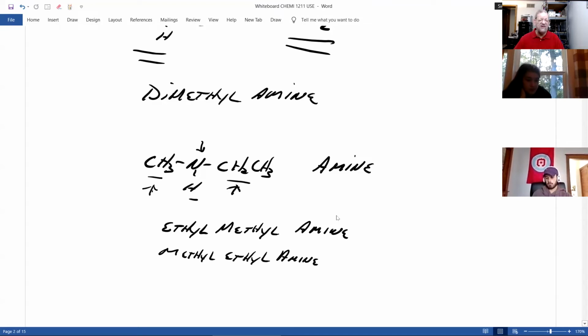Now, one of the things, since I'm asking you to be able to write the common name of amines and also later on other derivatives of amines, not the IUPAC, on test number 3 for nomenclature question, if I give you a structure, I will say, give the IUPAC or the common name for the following molecule, 3 points each.